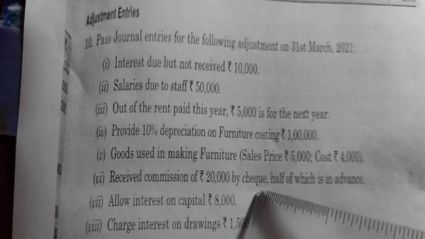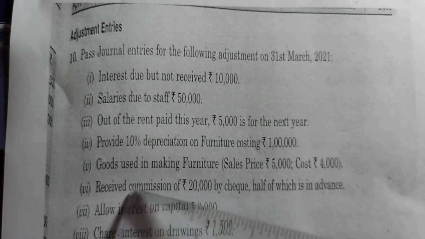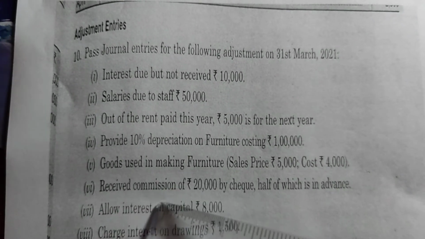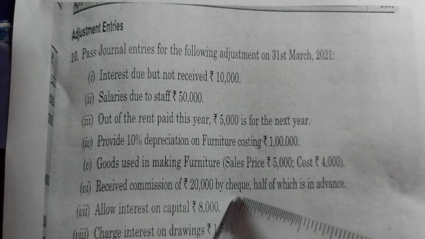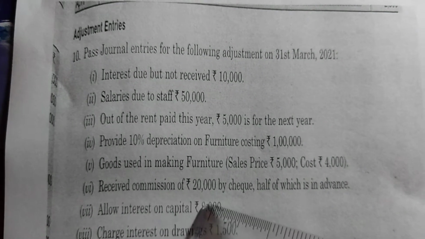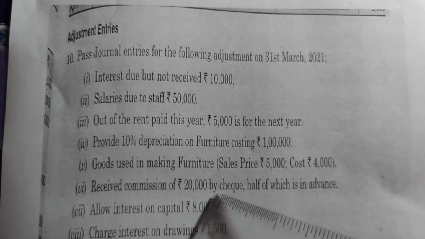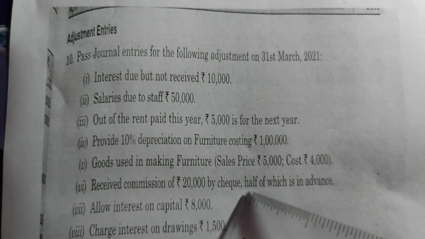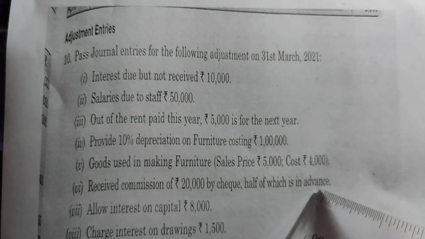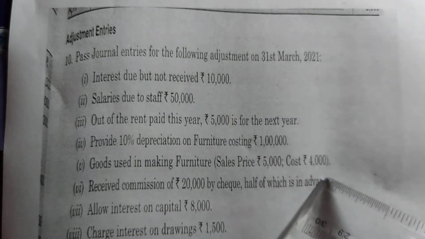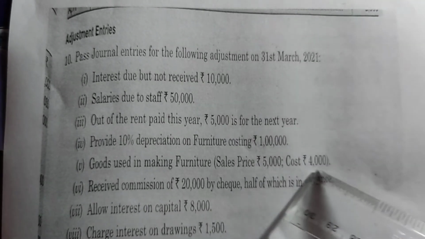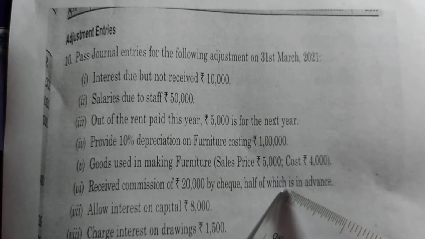Here we are receiving the commission, so our entry for this transaction will be bank account debit to commission account. Next, half of which is in advance. We have to do the journal entry for advance commission, that means unearned commission.